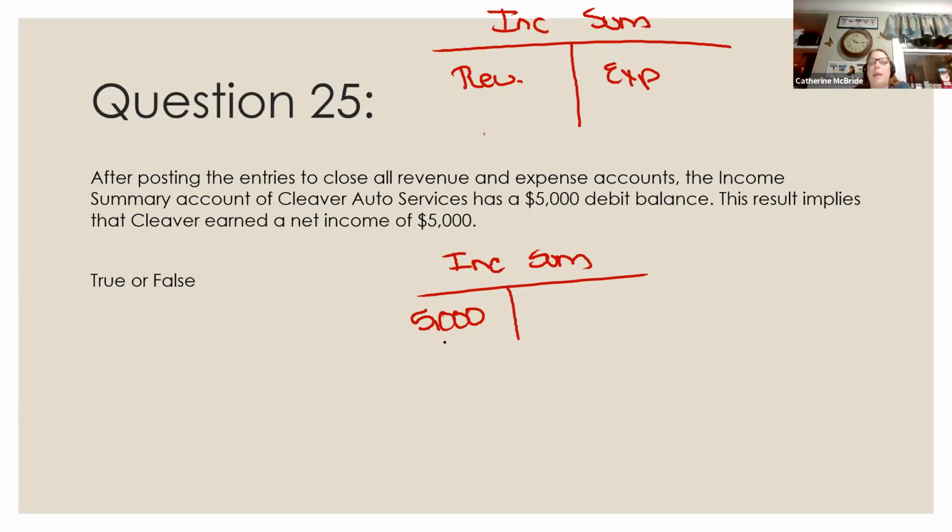So if I have a debit balance, that means that revenue exceeded expenses. A debit is going to mean that they have net income. A credit is going to mean that they had a net loss. So in this case, the answer would be true. Make sense? Yes. We're done.